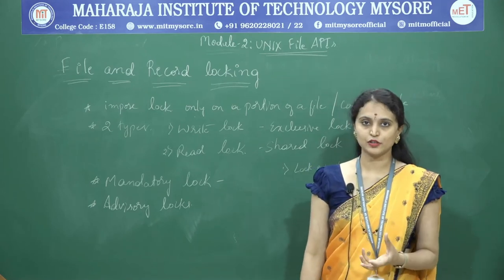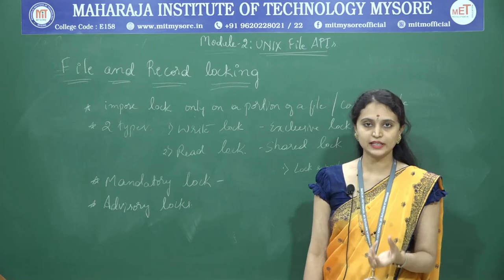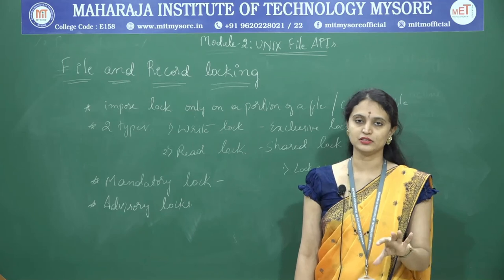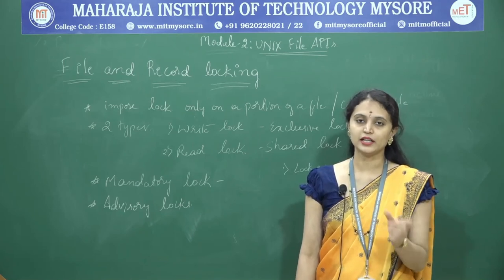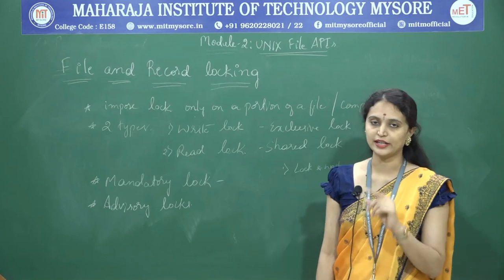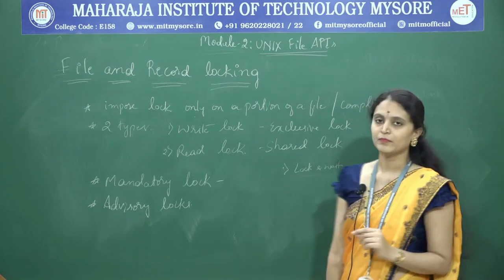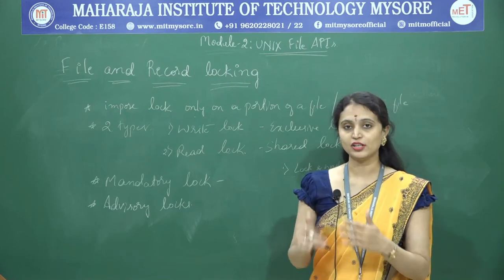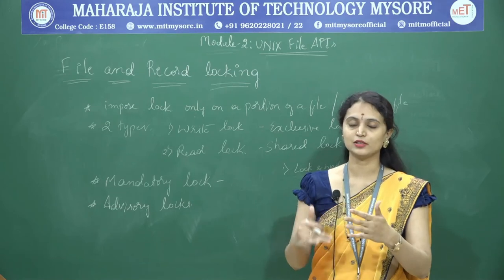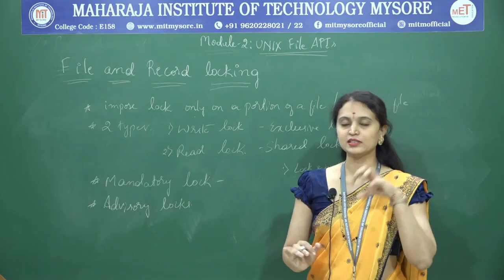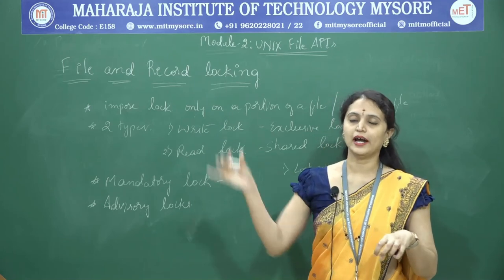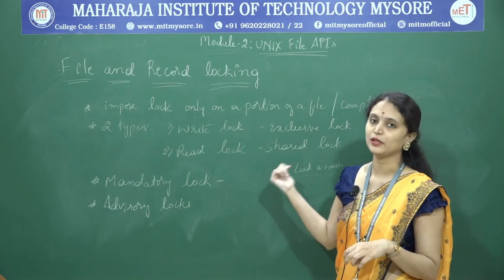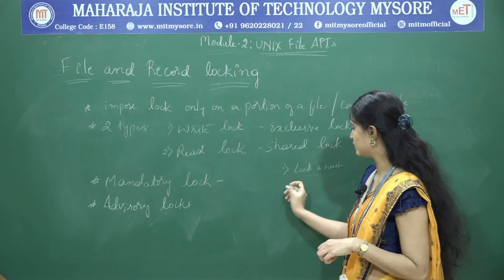If it is unsuccessful, if there is any failure, the process can perform some other operation and then request the lock once again. So, the first step says that a process will request the lock on a particular region of a file, and if the request is not executed properly, the process can perform some other operation and then return later and request to impose the lock on that particular region of the file.